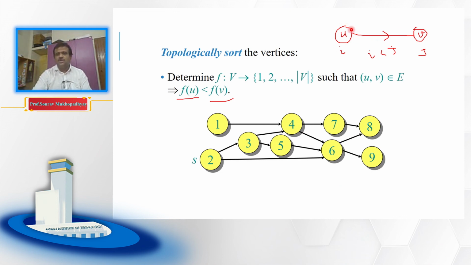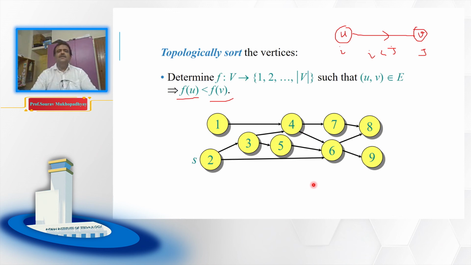We must finish this job before this job, because this job depends on this job; unless we finish this job we cannot do the other. This is something like a function call in the main function. There are many applications of this. So, this is what is called topological sort.